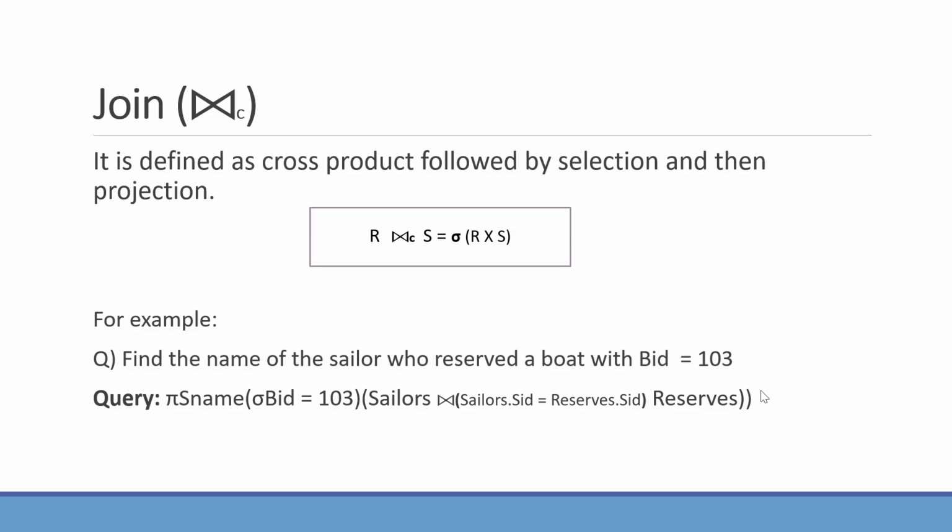Sailors join reserves with the common condition, that is sailors.sid equals reserves.sid. The output is Dustin and Lubber. First you select and then project to get the desired output.